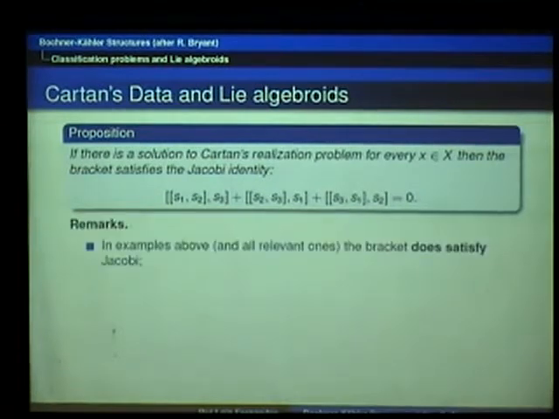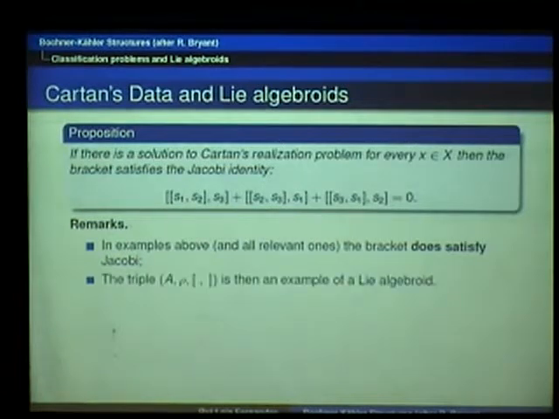And in fact, in all examples that I told you before, you can go there and check that the Lie bracket is satisfied. In any relevant examples that you can find, the bracket will be a Lie bracket. So this Jacobi identity will be satisfied. So that is important because that will make this triple, this vector bundle, this bundle map, and this bracket, what's called a Lie algebroid, which I will tell you a little bit later more what it is.